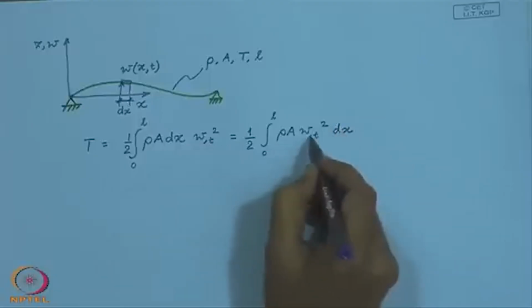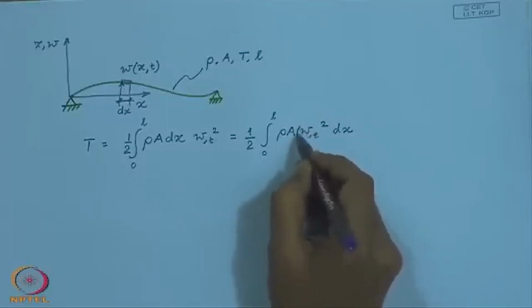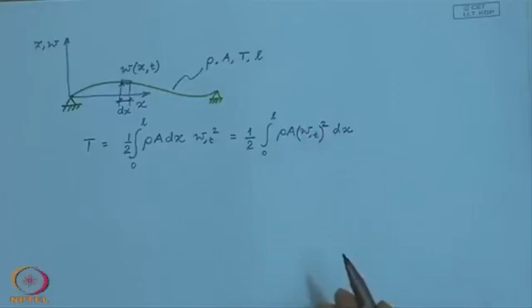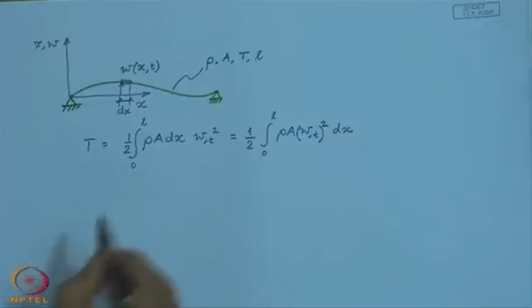When I write del W del T, so W comma T whole square. So, that is the kinetic energy of the string.